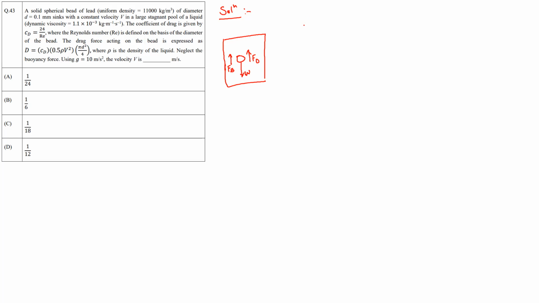The net force is given by W minus Fb equal to Fd, and since it is sinking with a constant velocity, these three forces will balance. But also in the question they have given that the buoyant force can be neglected, so Fb can be neglected, and we get a balance between the weight of the lead bead and the drag force.